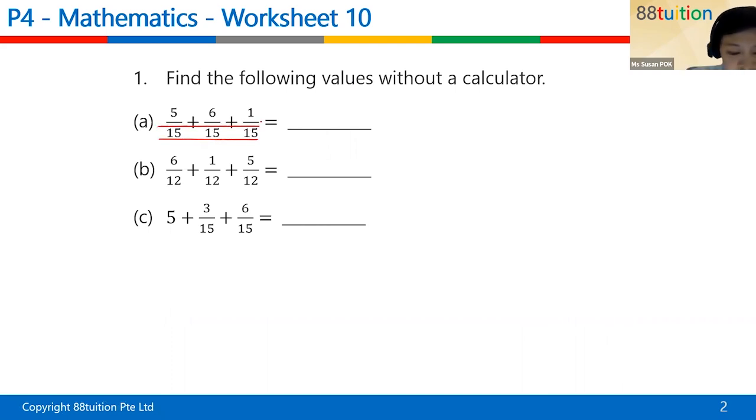Only when the denominators are common can we add them. So we call this the common denominator. With the common denominator, we can actually add them.